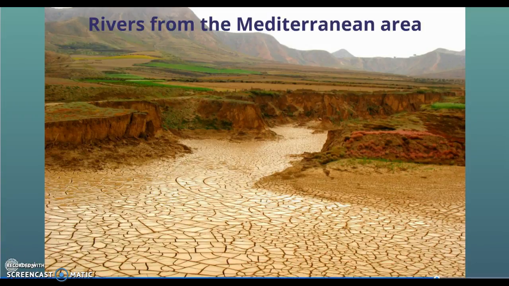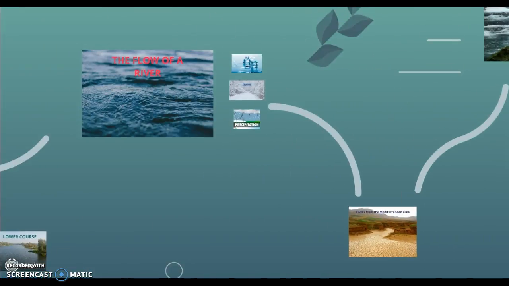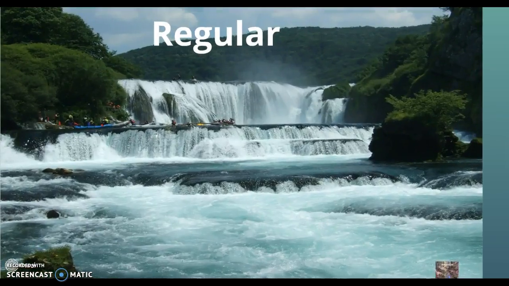So as you have realized, the flow of a river depends totally on the weather, if it's rainy weather or if it's dry weather. So because of that reason, we have rivers with regular flow. Regular flow means that it has the same flow almost the whole year, the same amount of water in a whole year.